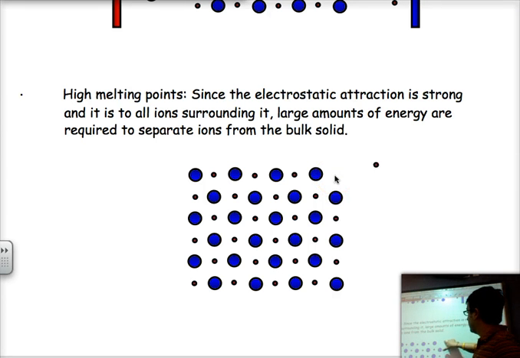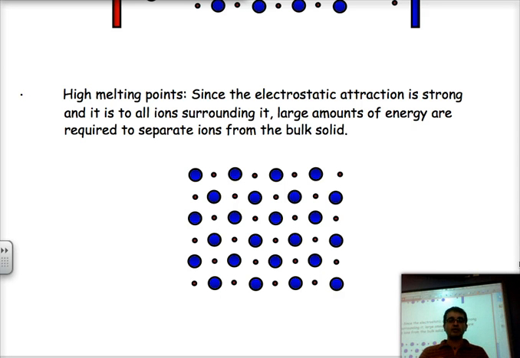But in order to be taken away, you have to break the attraction that it has to all the other ions around it, and not just in 2 dimensions like we have there, but in all 3 dimensions. So to take this one out and melt it, it's going to take a lot of energy. The more energy that it takes, the higher the melting point is going to be. So very straightforward. We have our properties of ionic compounds.